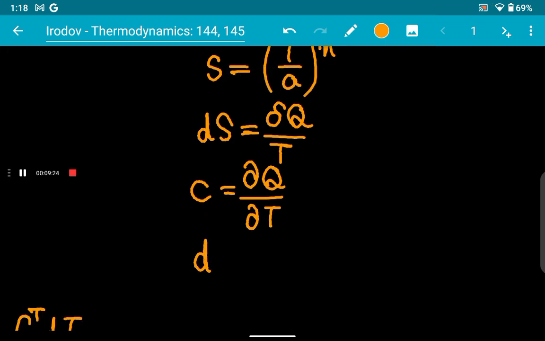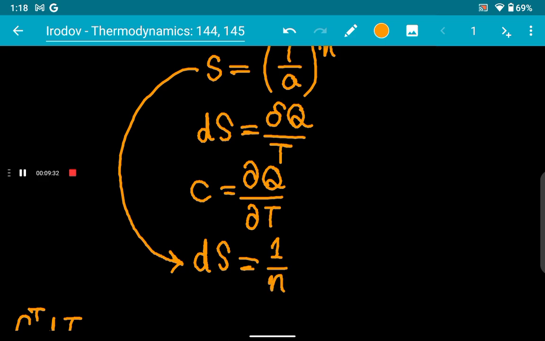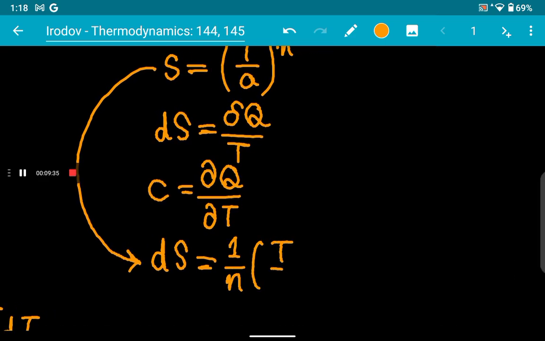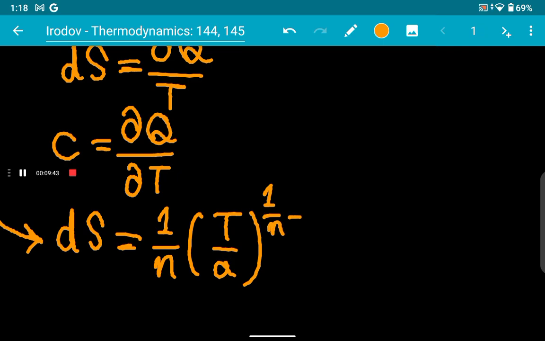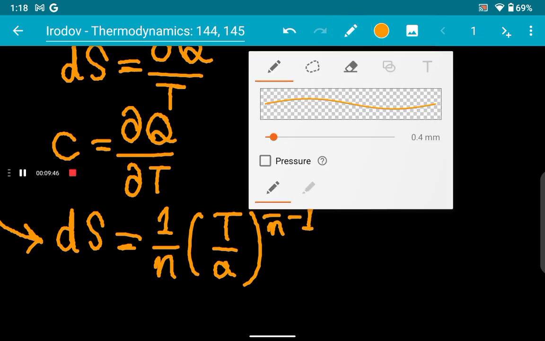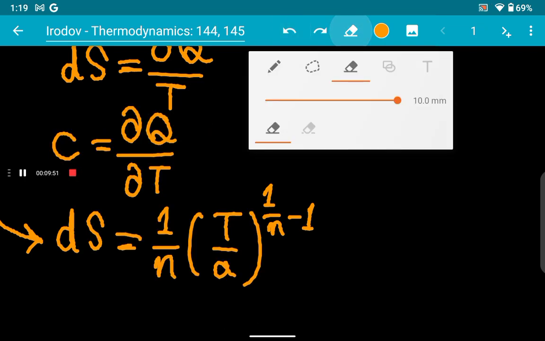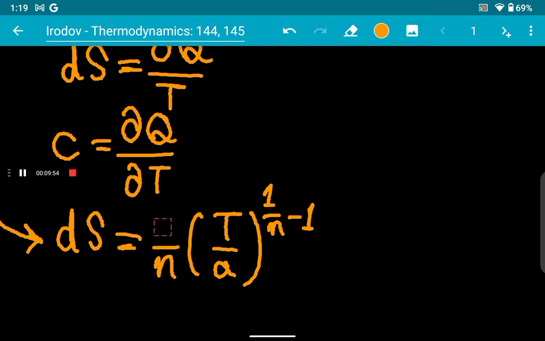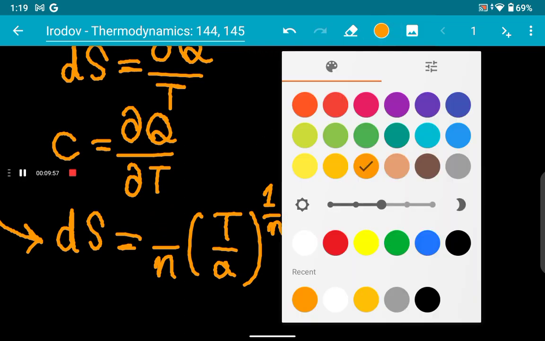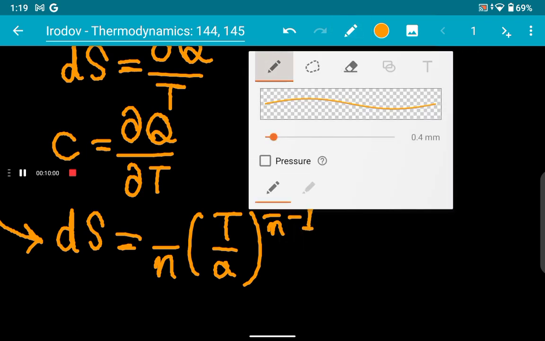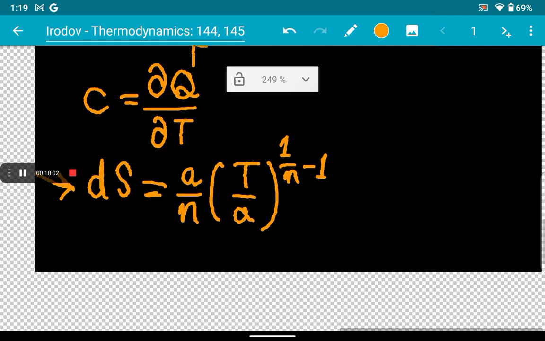So our dS will be basically 1 by n, T by A to the power 1 by n minus 1. I did one very small mistake here. Wait a minute, this should be A, right? This would be A.